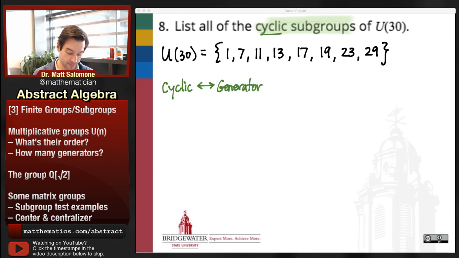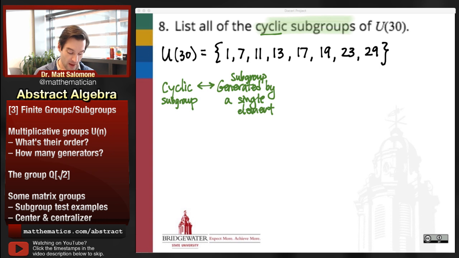So a cyclic subgroup is going to be a subgroup that's generated by a single element. It's another way to say what we mean when we say cyclic subgroup. Single element.